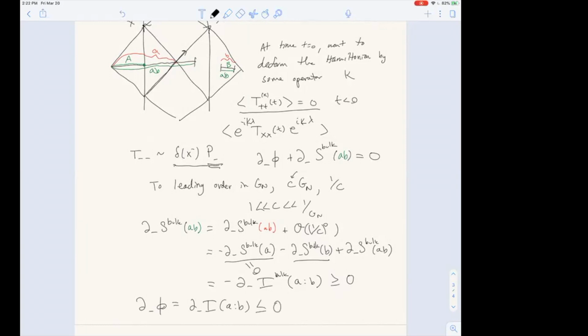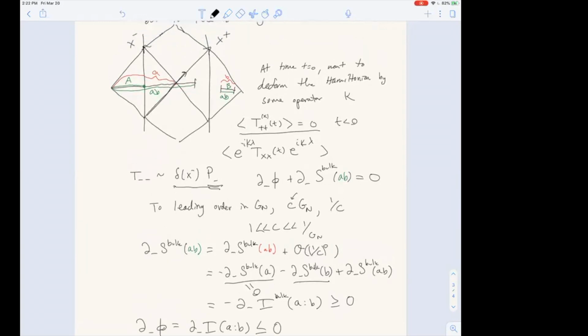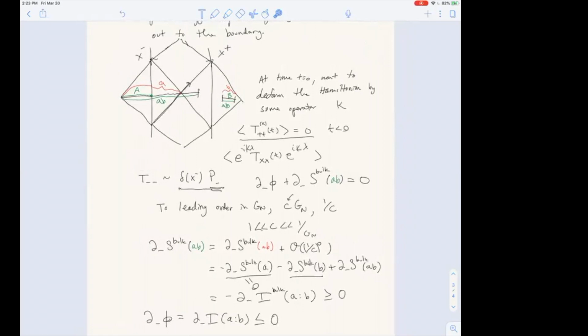So the dilaton moving in this direction is decreasing. Okay? So that means in order to get everything out, what we want is for the dilaton to end up going from having negative expansion here to having 0 expansion.